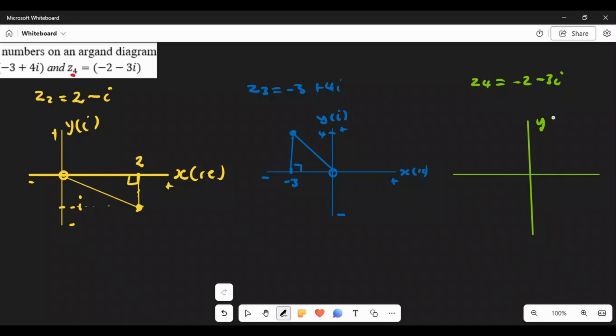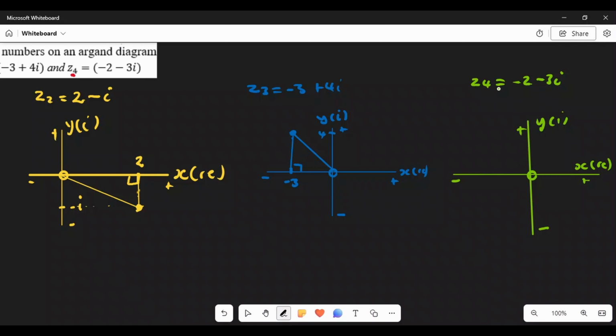We have y, which represents the imaginary numbers. We have the x-axis, which represents the real numbers. This is going to be positive y on the top there. This is going to be positive x on our right, and our left is negative x, and underneath it's negative y. So let us not forget the origin.